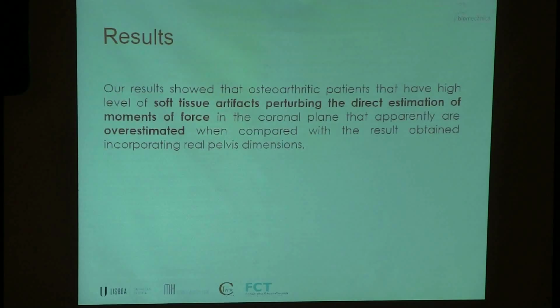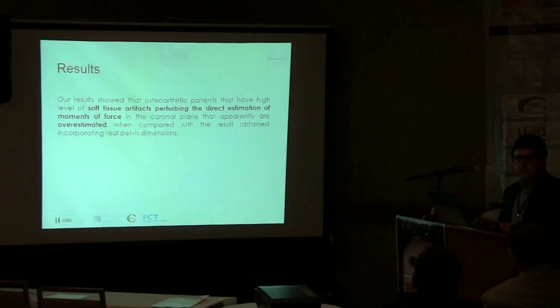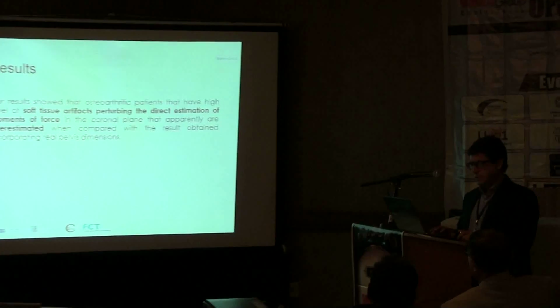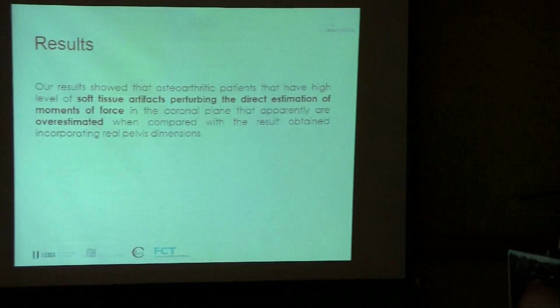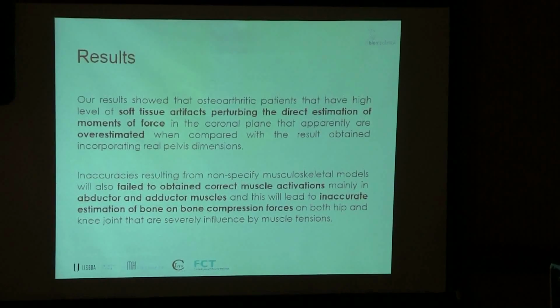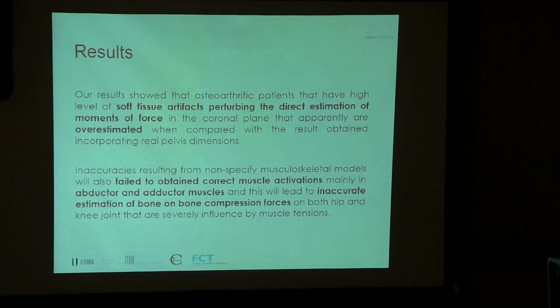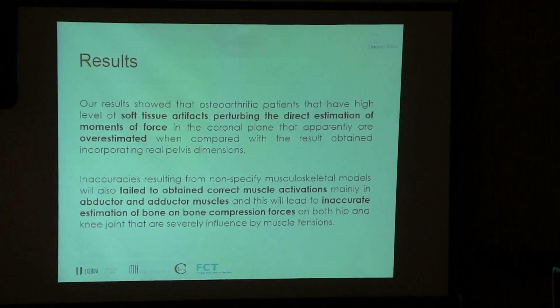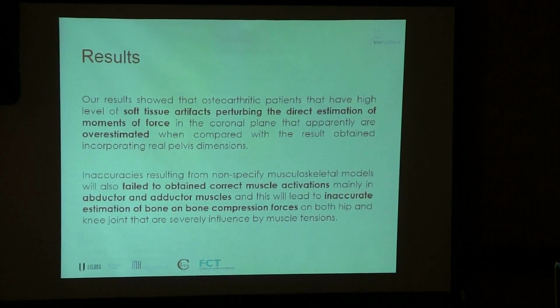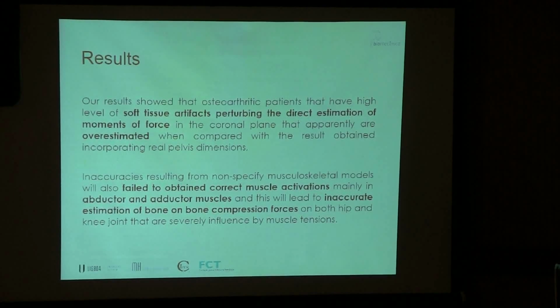We should use image analysis data, medical image data, or be extremely careful in determining the real position of the bony landmarks, and we can't trust just markers placed on the skin, especially on the coronal plane, the frontal plane. And these inaccuracies resulting from non-specific musculoskeletal models fail to obtain correct muscle activation and, as a consequence, give an inaccurate estimation of bone-on-bone compression forces.